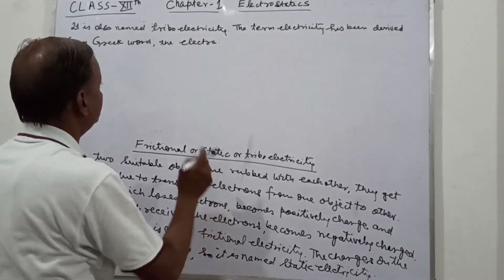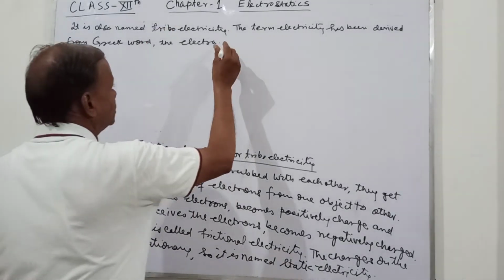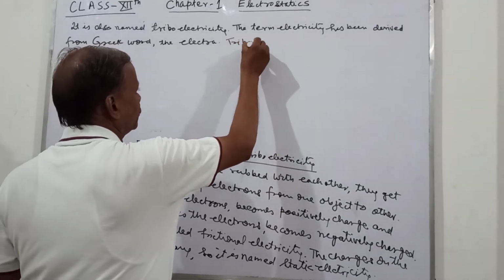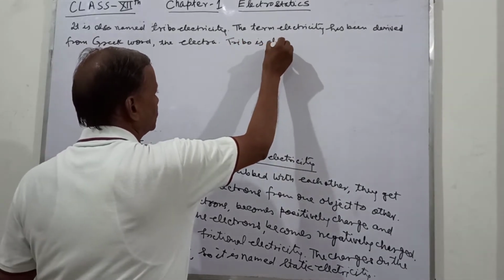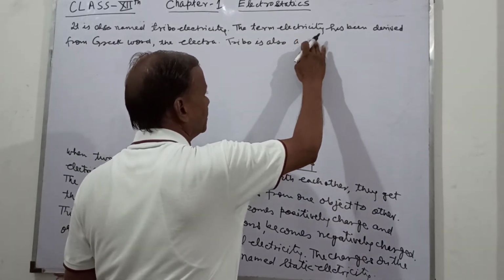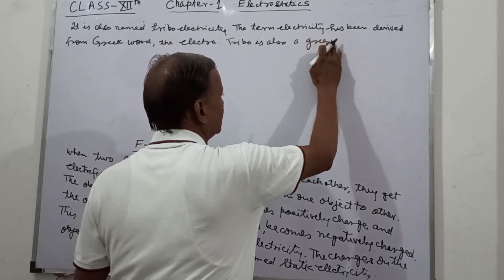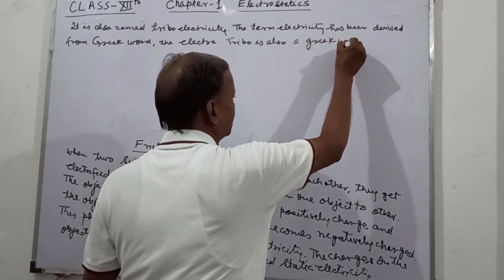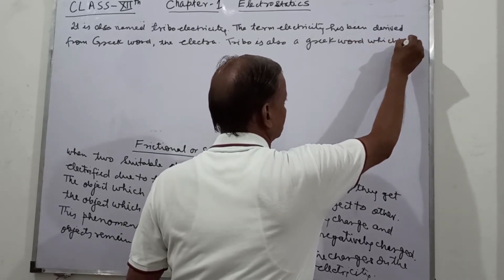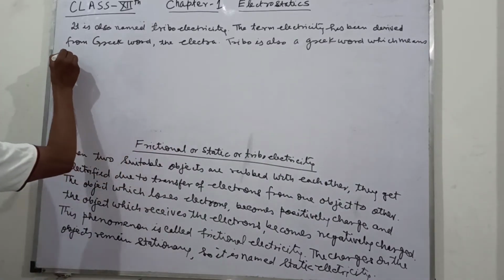Tribo is also a Greek word which means friction.